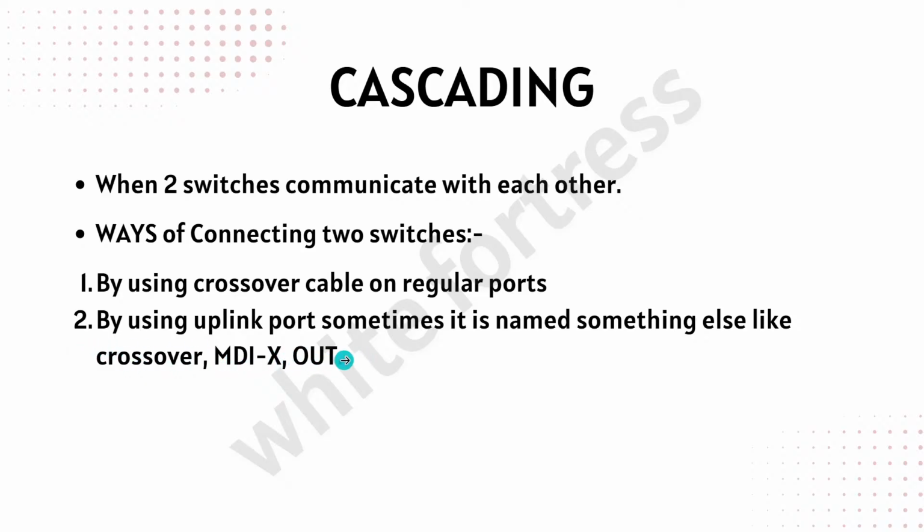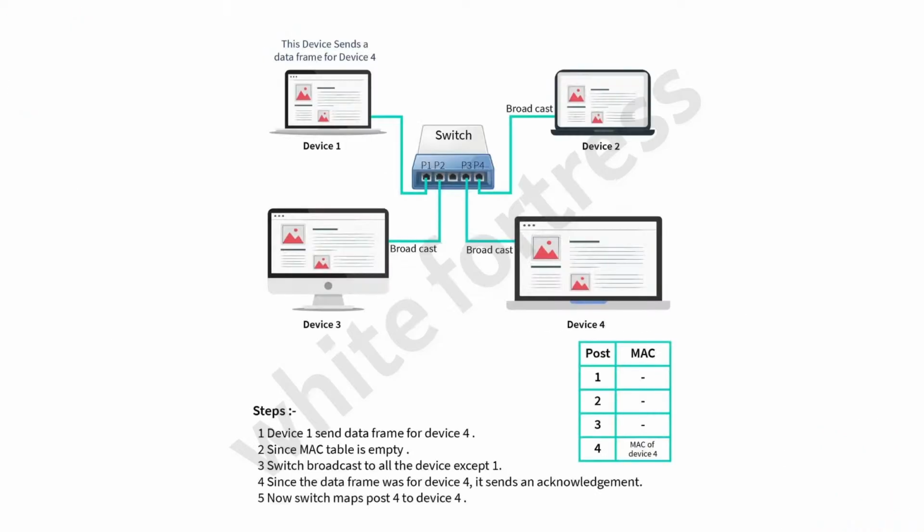These are ports available on modern switches, so we can connect switch to switch using a straight through cable if these ports are available. Otherwise, a crossover cable has to be used to connect the same type of devices. We will get to this later.